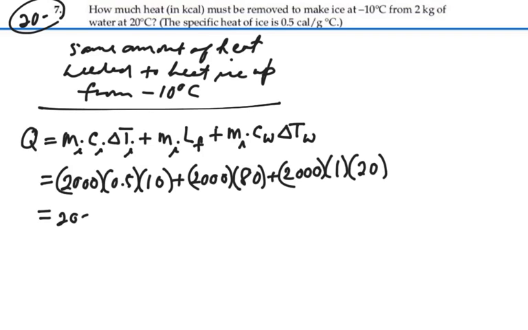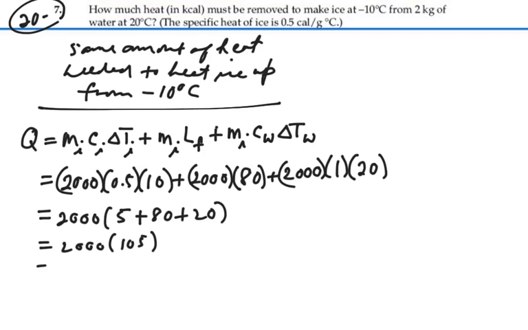So we have 2,000 times 5 plus 80 plus 20, which is 2,000 times 105. That gives us 210,000 calories, which we could write as 210 kilocalories.